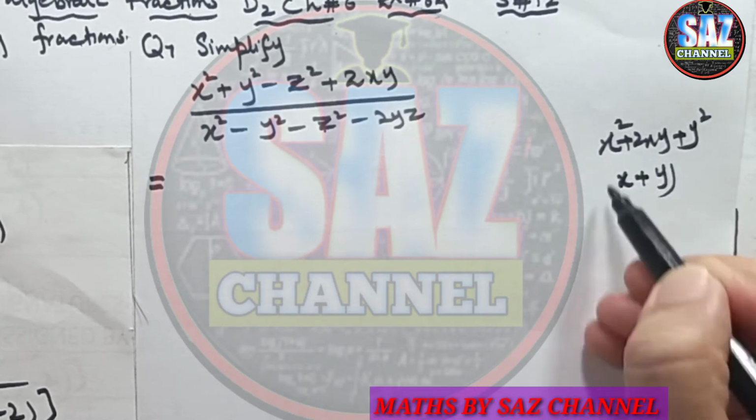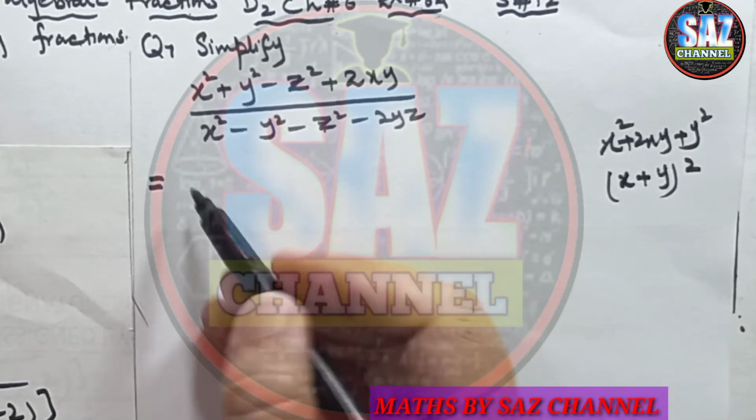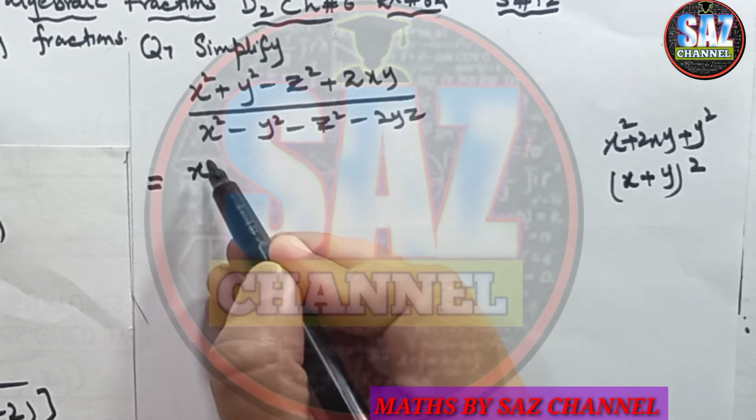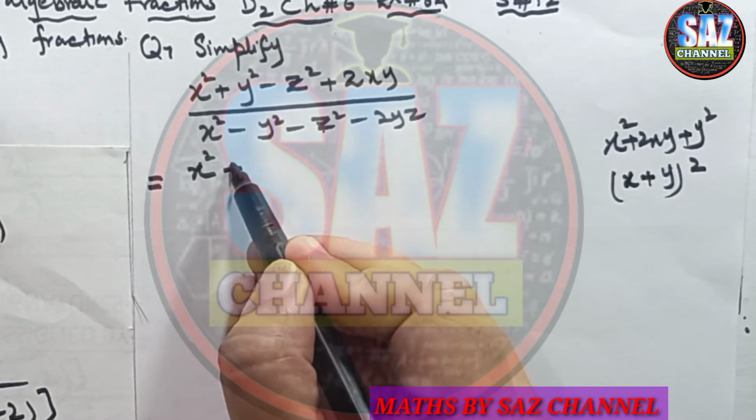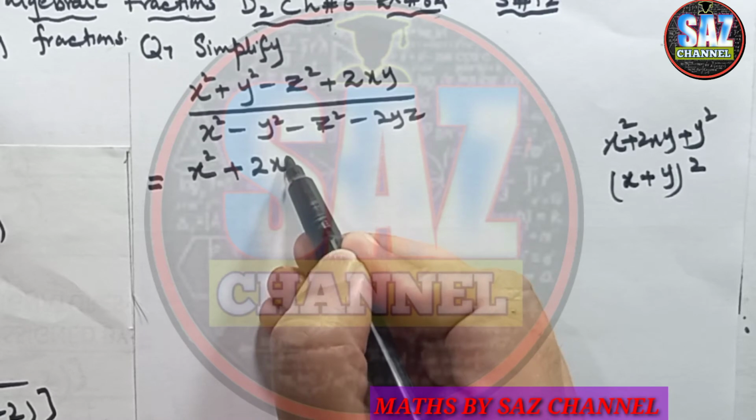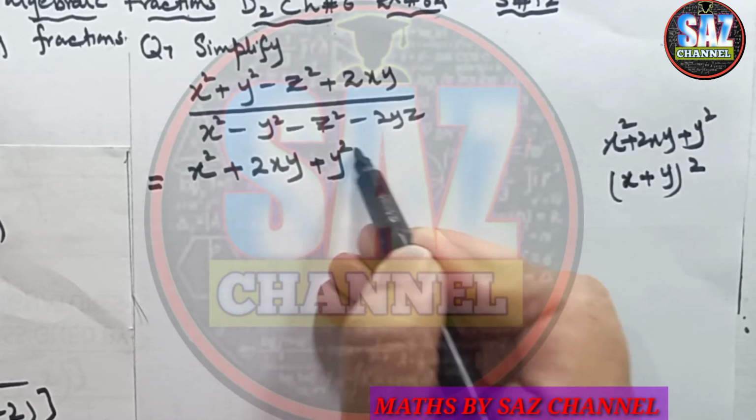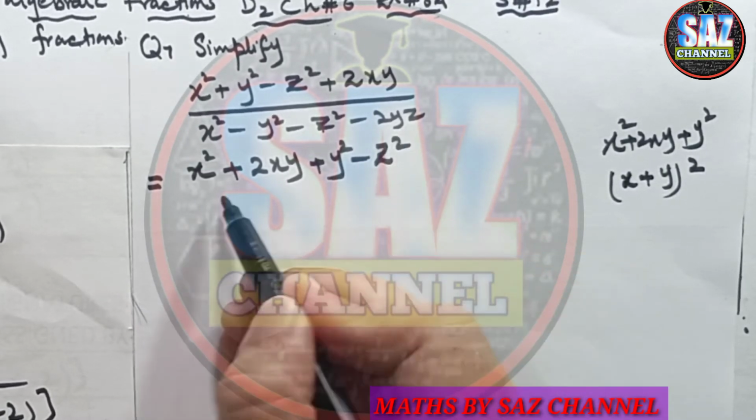So I will be rearranging the terms of the numerator: x square plus 2xy plus y square minus z square.